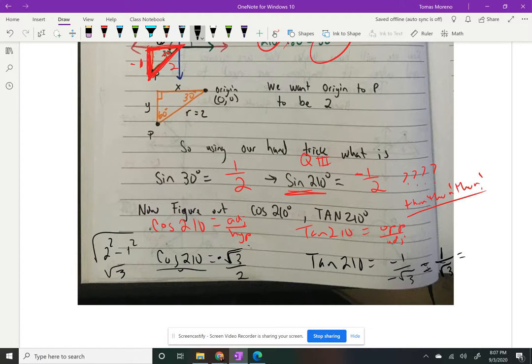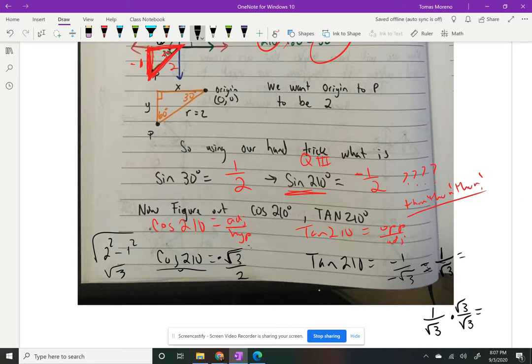Guess what, guys? I forgot to rationalize. Remember, I said that mathematicians do not like to see square roots on the bottom. So we multiply by square root of 3 over square root of 3, which is actually multiplying by 1, right?